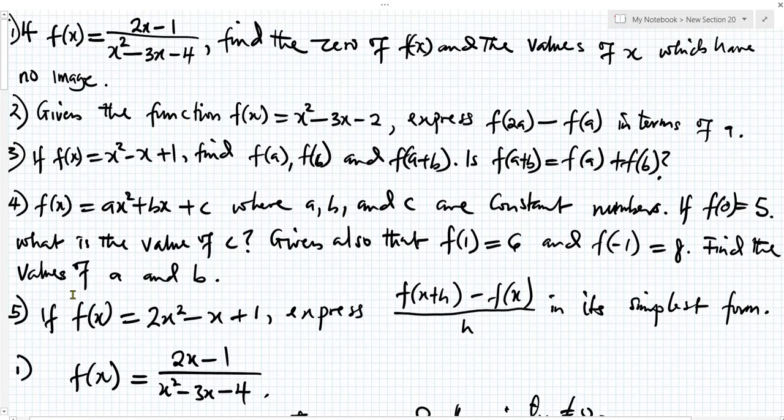So the second question is, given the function f of x equal to x squared minus 3x minus 2, express f of 2a minus f of a in terms of a.